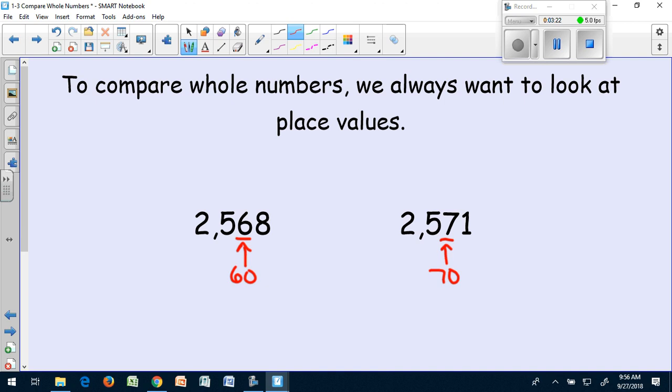So when I write my symbol, the open part will be toward the second number. And I'm going to leave my 6 and my 7 underlined because that's the place that told me which number is larger.